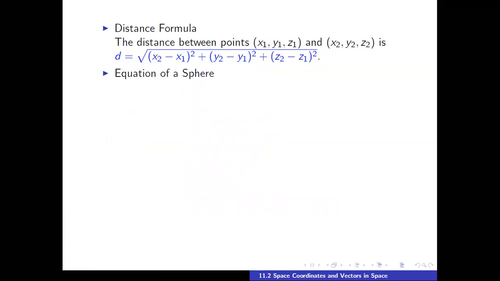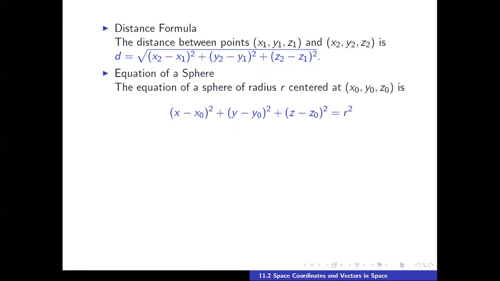I think that's pretty cool. So what's the equation of a sphere in 3-dimensional space? Well, if you have a sphere of radius r centered at the point x0, y0, z0, then you just want this. What is this describing right here?